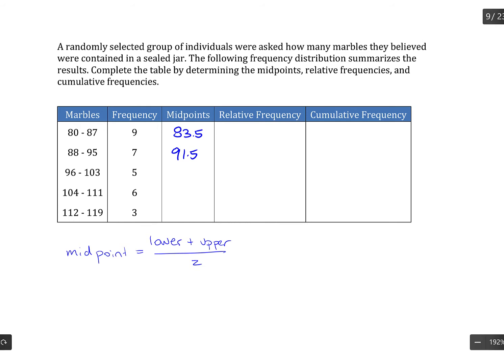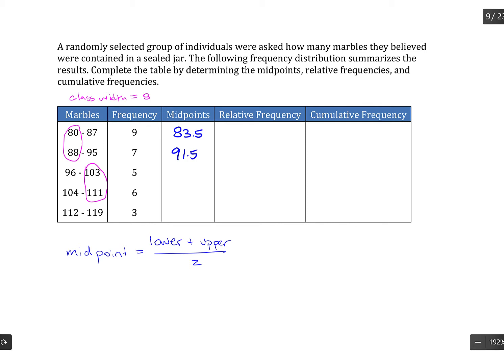But if you notice, the difference between any two consecutive lower class limits or any two consecutive upper class limits gives you your class width. So the class width of this table is 8. If I take 91.5 minus 83.5, that's also 8.